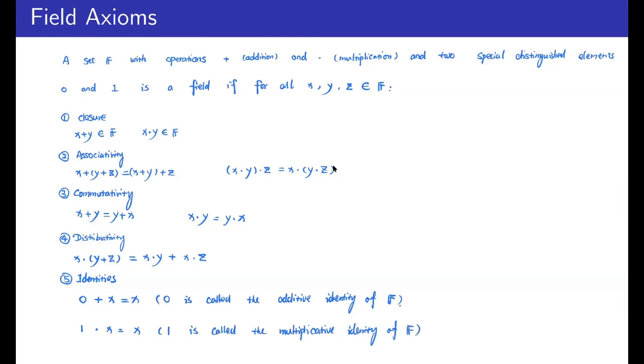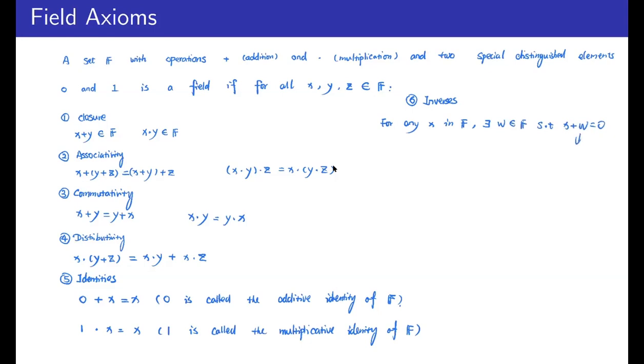Lastly, let's talk about inverses. As some of you mentioned reciprocal, we have reciprocal and negative. So number 6, inverses. Please know all the axioms by heart, okay? Really, really important. For any x in F in a field, there exists another element w in the field such that x plus w equals 0.